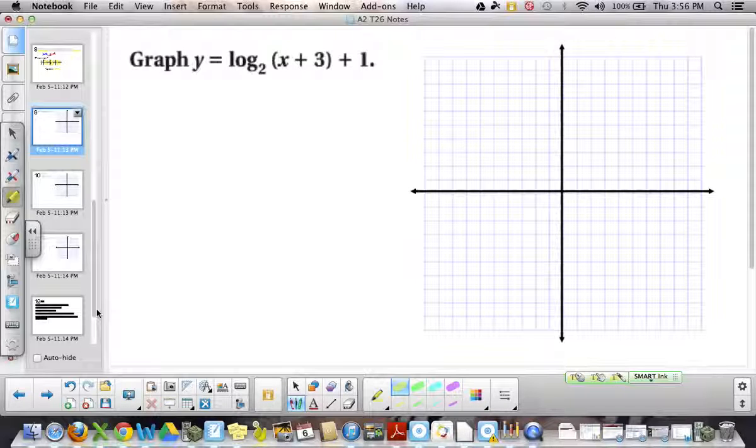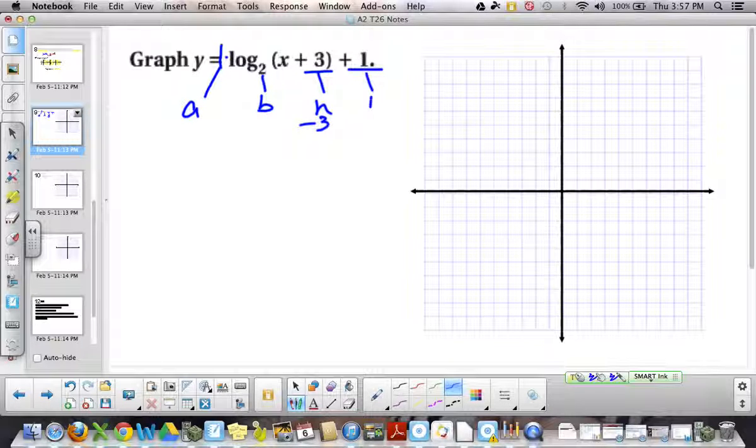We don't care because normally it's just going to be 1. Here, a is 1, it's right in front there. Your base is b, which is 2. This is going to be h, but it's the opposite of what's shown, so it'll be negative 3, and then this is k, which is 1.